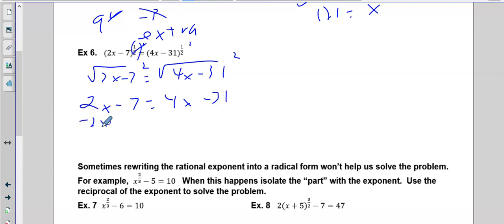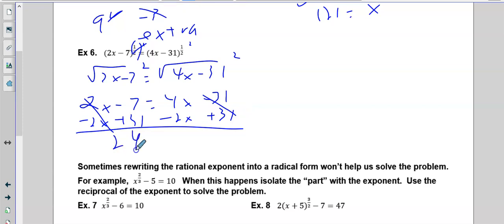Again, I like to keep my x's positive, so I'm going to move them right this time, which means my numbers go left this time. Cancel, cancel. So 31 minus 7, okay, is 24, equals 4 minus 2 is 2x, x equals 12.